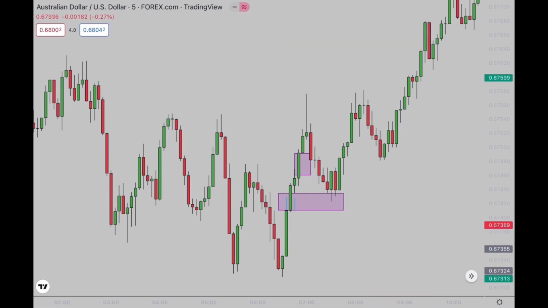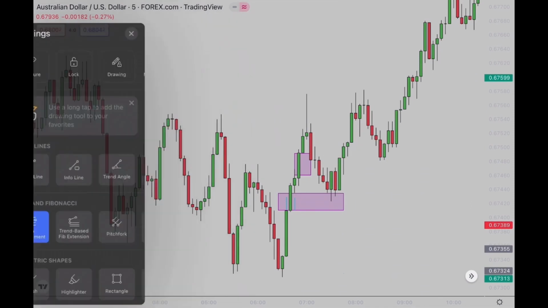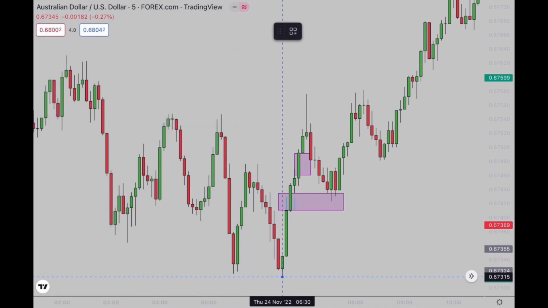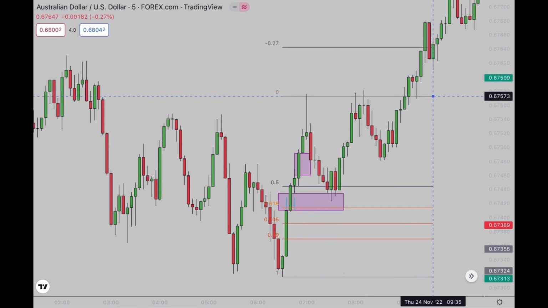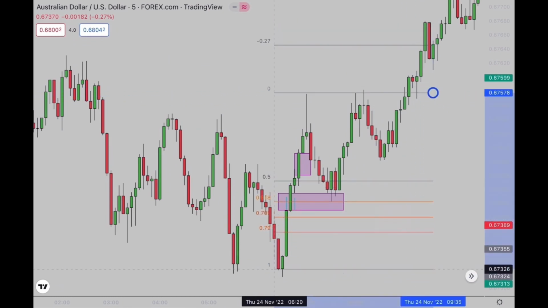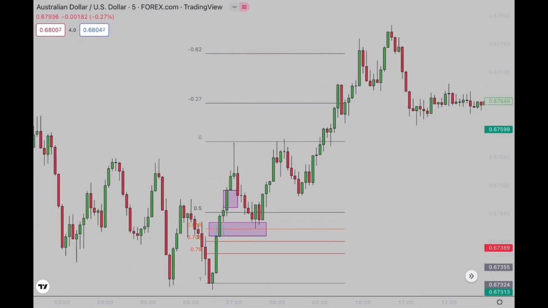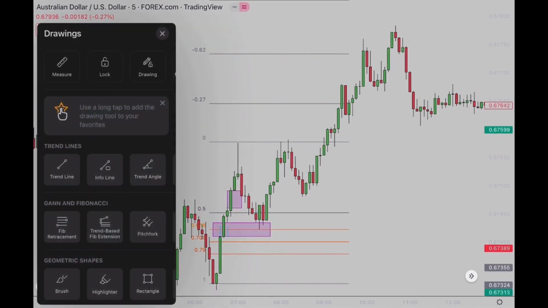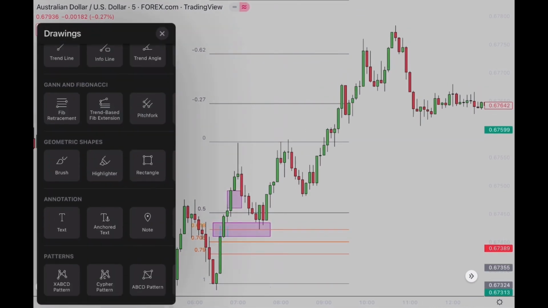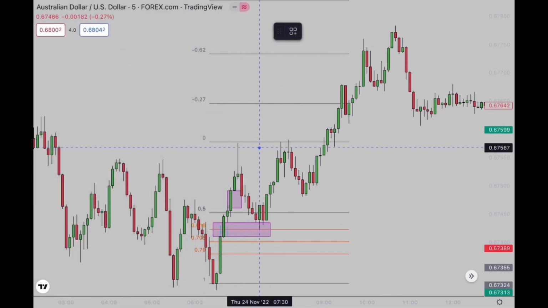That's it. As you can see, it also worked out right here. Let's see if Fibonacci works on this one too. As you can see, optimal trade entry works here also. So right away you could see what I'm saying here.